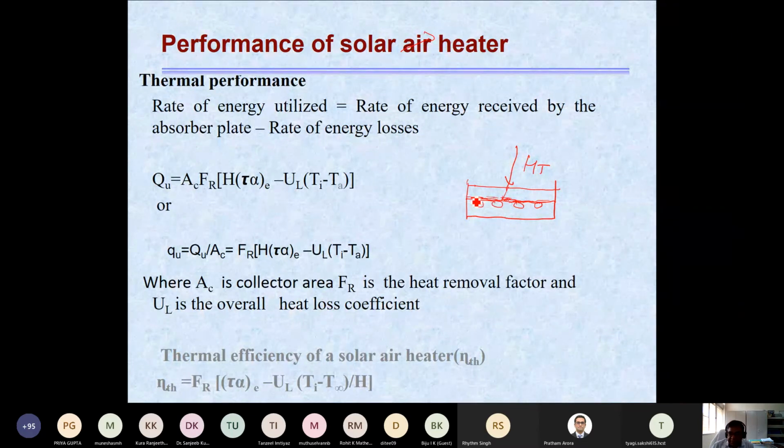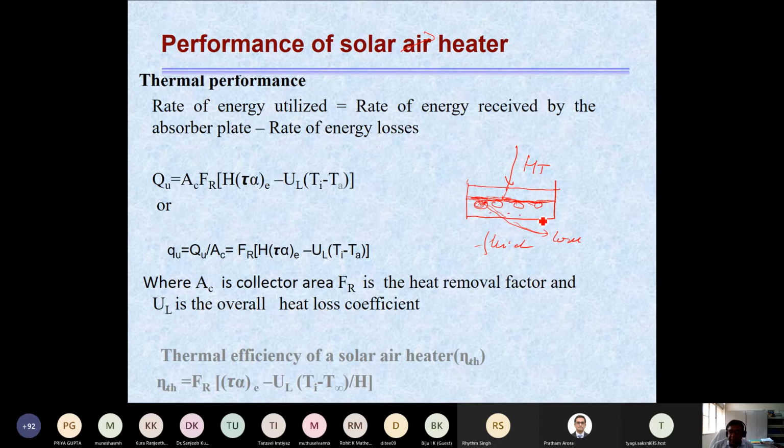Then the thermal energy absorbed by this plate has to be carried by some fluid, because that is the only transporting mechanism. So if the cold fluid is in this passage, which is in contact with the plate, that heat can be taken to your load. So that is the working principle of that.